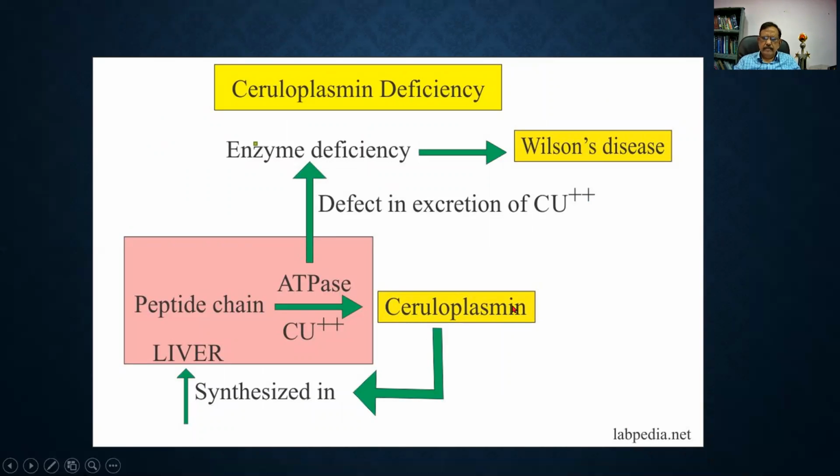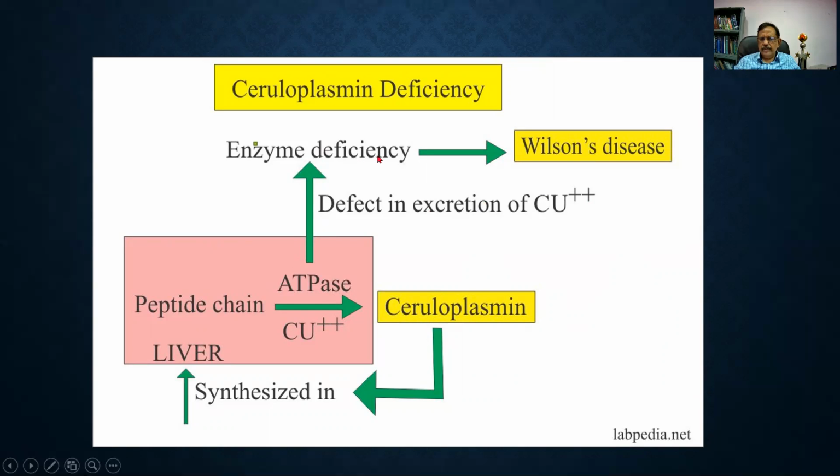This metabolism is a little difficult, but let us try to trace it. Ceruloplasmin is synthesized in the liver, and copper excretion is mediated by the enzyme ATPase. When there is a defect in the enzyme ATPase, there is defective excretion of copper.